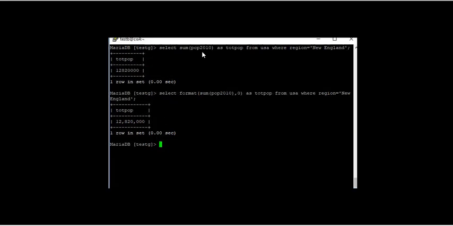Select sum population 2010 as total pop from USA, where region equals New England. So there are about, looks like 12 million residents. Of course, if I wanted it to be formatted with nice commas, I do format the sum Pop 2010, comma 0. So we don't have to have decimals.